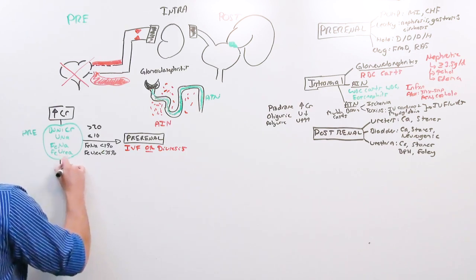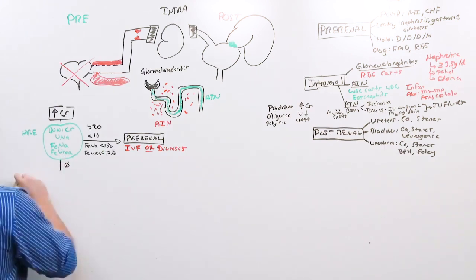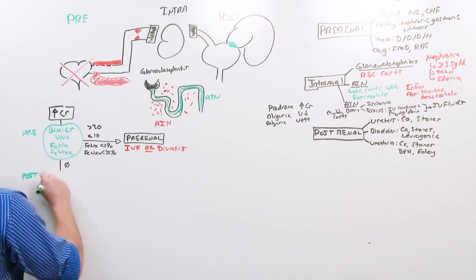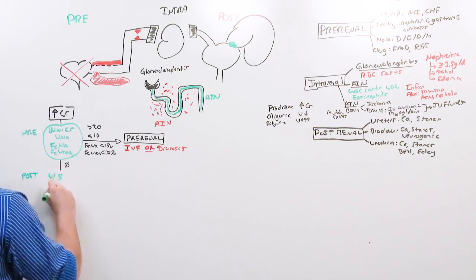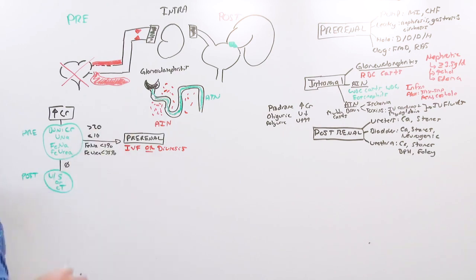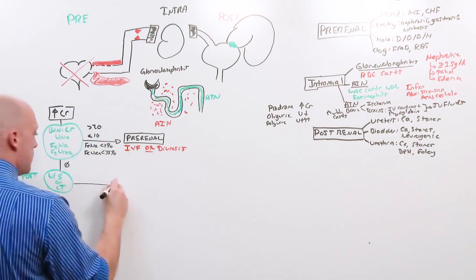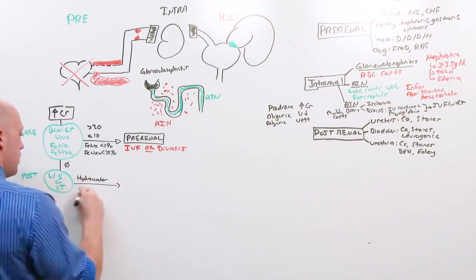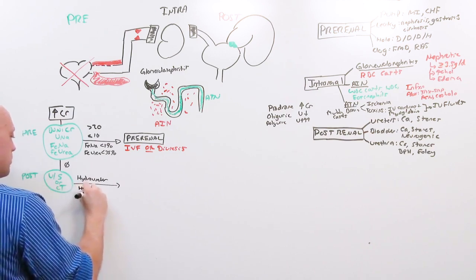But if these studies don't show you pre-renal, you then rule out post-renal. And post-renal is about obstruction, and you can do that with an ultrasound or a CT scan. And as we discussed, what you're looking for is hydro. Either hydroureter or hydronephrosis.